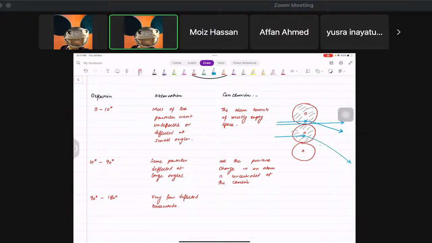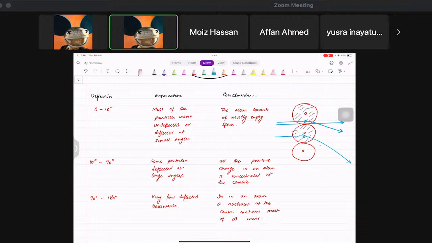Now the reason why very, very few of them deflected backwards was because in an atom, a nucleus at the center contains most of its mass. That would be more appropriate.